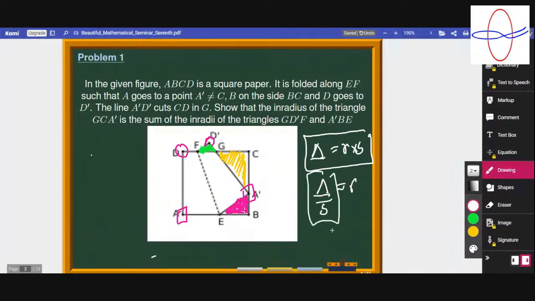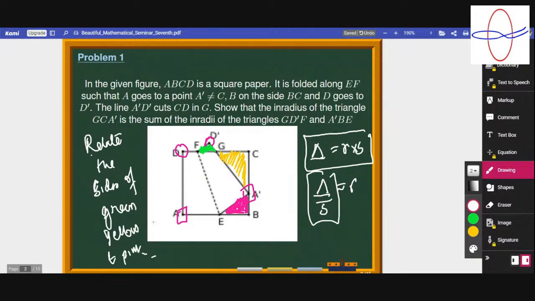Both are determined by the sides. So can you relate the sides of the green, yellow, and pink triangles? It's a natural thing to ask.